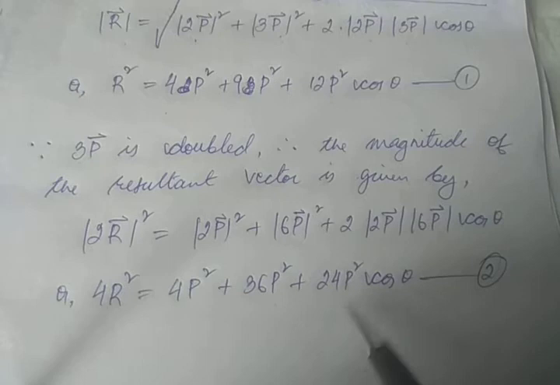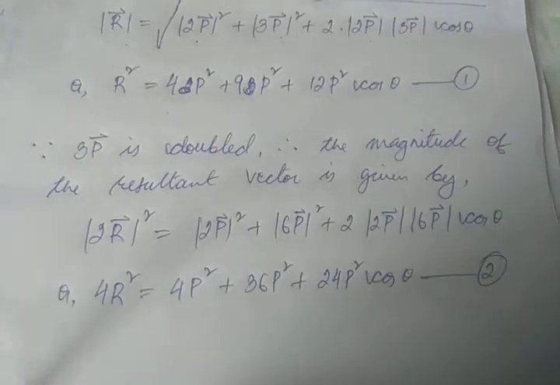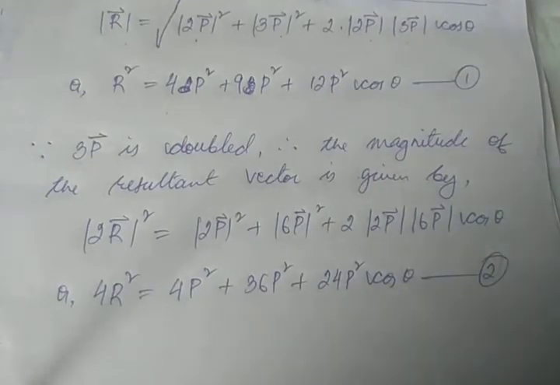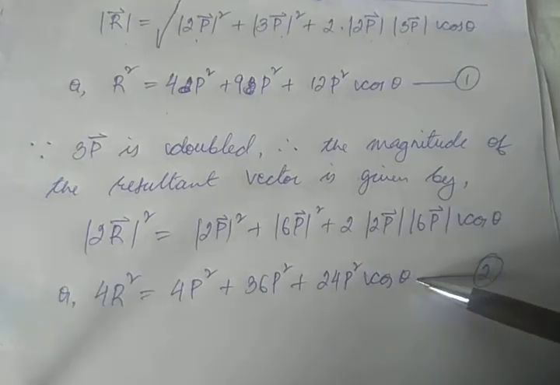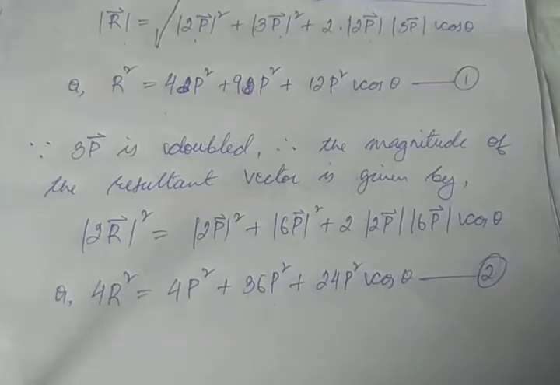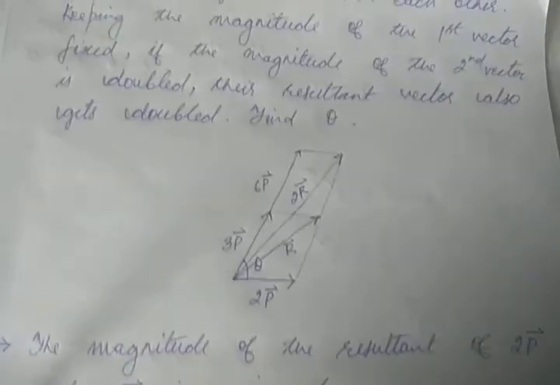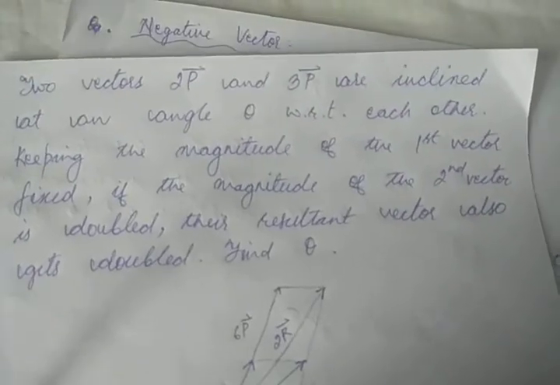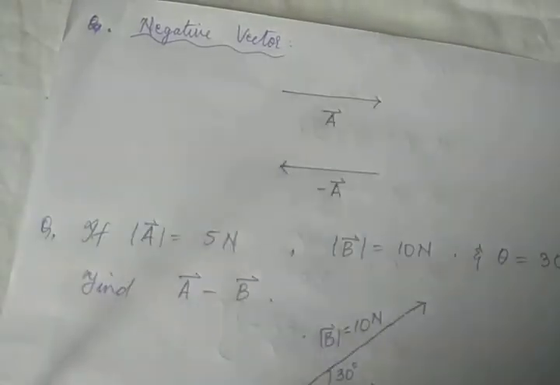You can take p squared common from both the equations, and p squared also goes. So the only unknown that is left is theta, and you only deal with the numbers and see what is the angle of inclination theta. That is what you will do. Divide equation 1 by 2 and then proceed. Go on simplifying it. That will give you the value of the angle theta. So this is how you proceed with this problem.